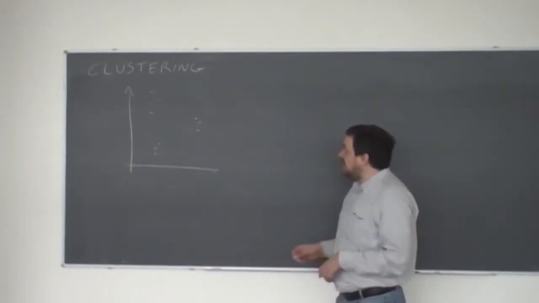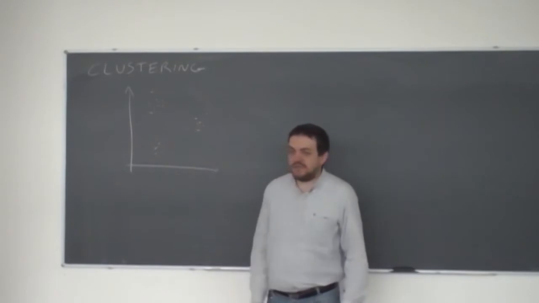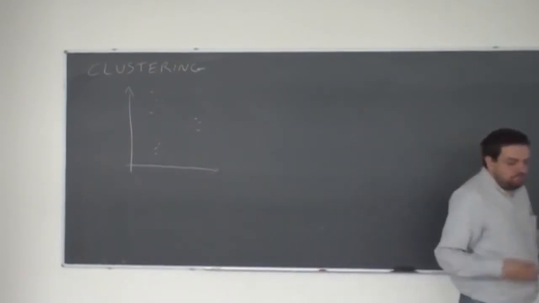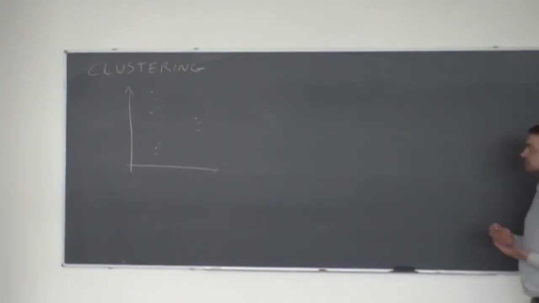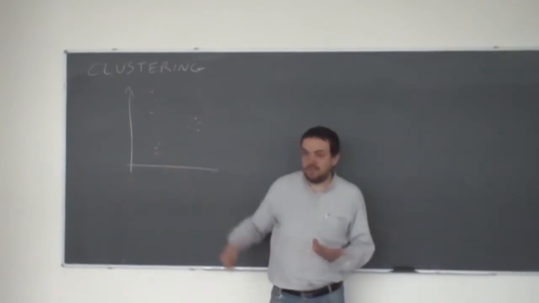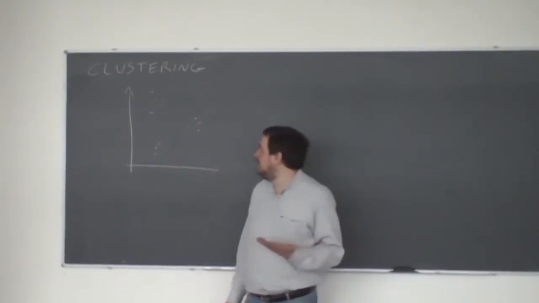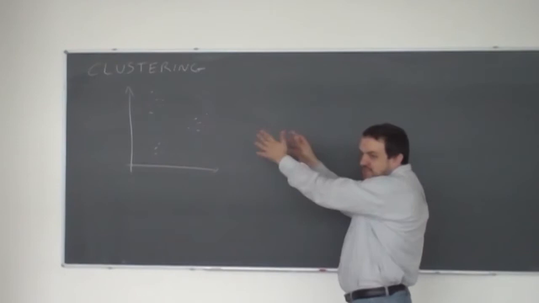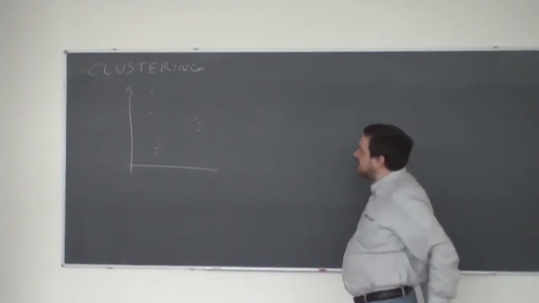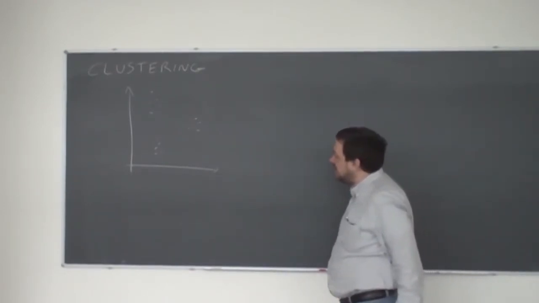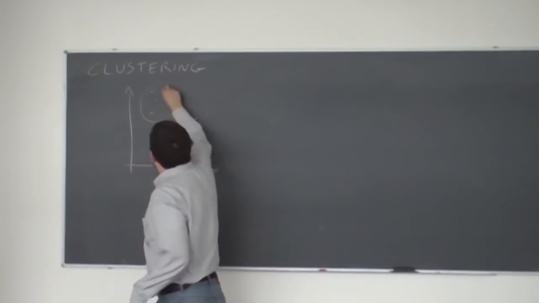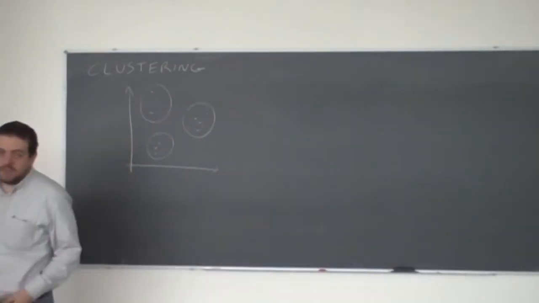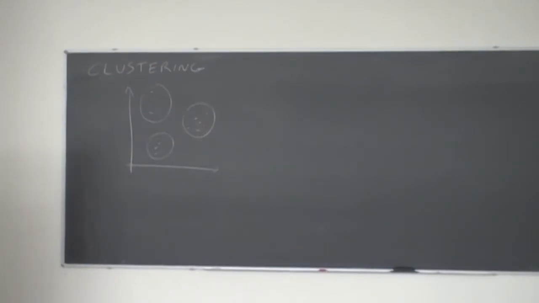Well, maybe you're lucky and you find that your items are naturally grouped in this way. In this case, of course, just by looking at this graph, you find that you have three groups of items, and you call them clusters.